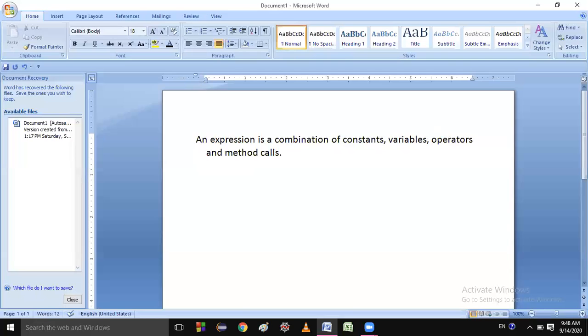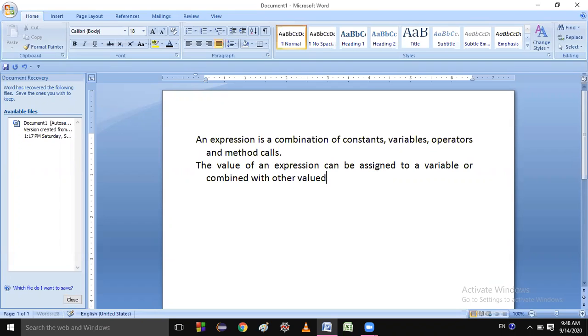Next one is the value of an expression can be assigned to a variable or combined with other values to form a complex expression.